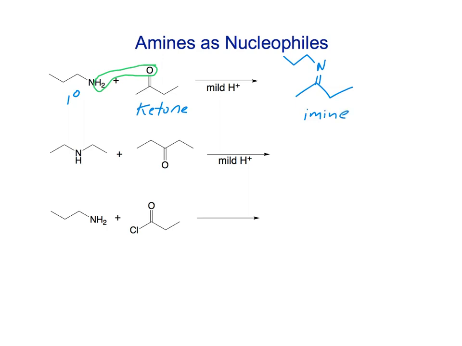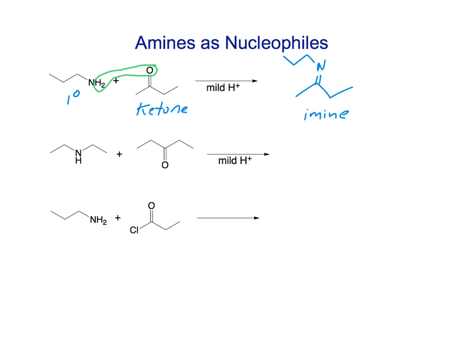Of course, this imine could have essentially either an E or Z configuration, but we're not going to worry about it. I drew it this way because I put the alkyl group on the nitrogen to the side of the smaller alkyl group that was part of the ketone. So it would probably be controlled by the steric hindrance there. All right, so that's an imine.